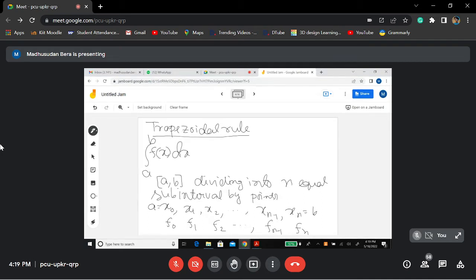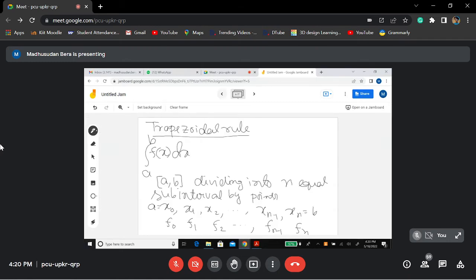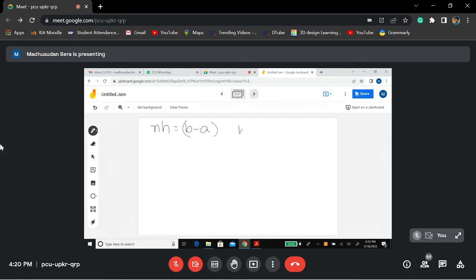Then from a to b, from that one relation we will get n into h equal to b minus a, because n subintervals each of length h. H is the length of small subinterval.